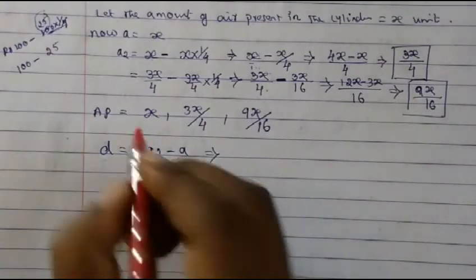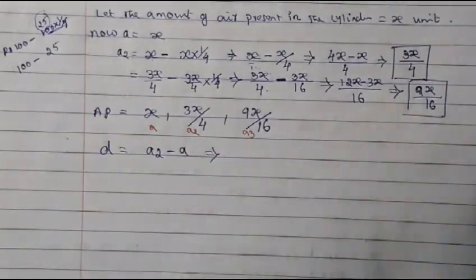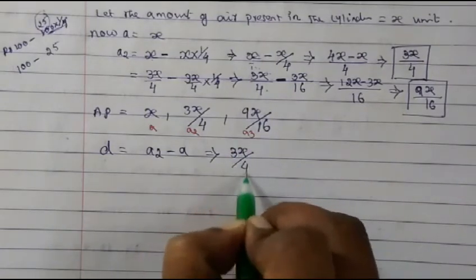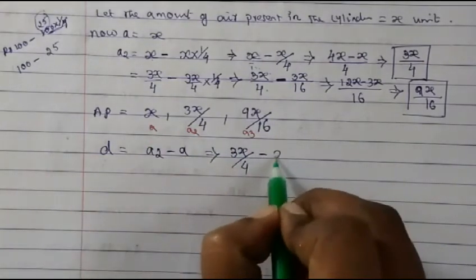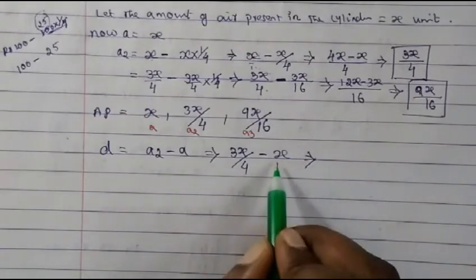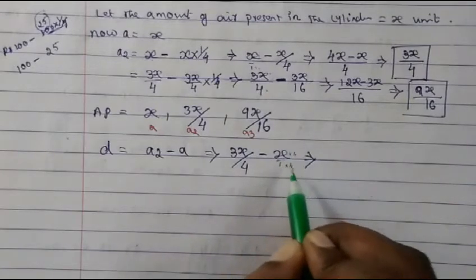Let's number it: this is our A, this is our A2, this is our A3. So A2 is 3x upon 4, minus A, which is x. Here in the denominator we don't have anything, so we consider there is 1. Both sides we multiply by 4.